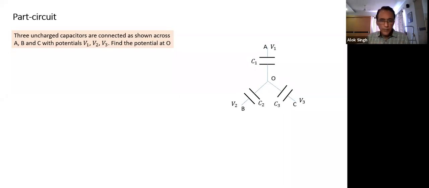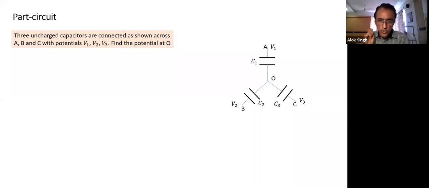But can it take any arbitrary charge? No. If initially the capacitors are uncharged, all three plates initially had zero charge. Afterwards also, these three plates form an isolated system. So the potential should be such that the sum of the charge on these three plates is equal to 0. That's how we have to find it. Why is there a unique potential at point O?